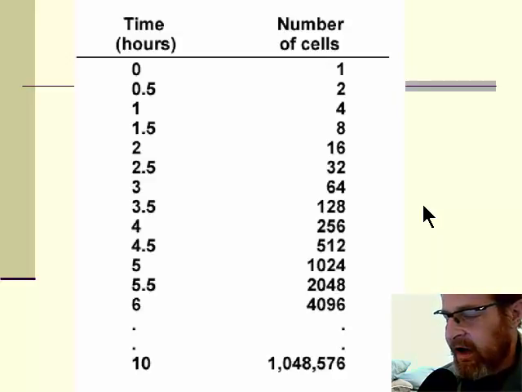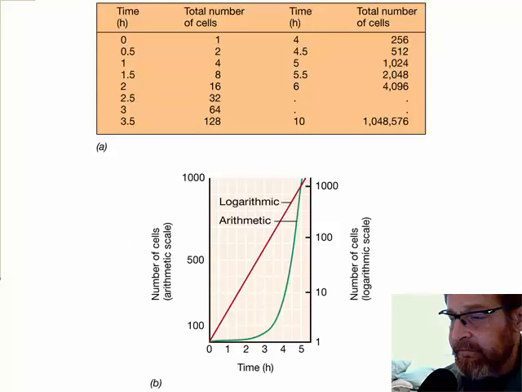But basically, in just 10 hours, in this example, you'll get over 1 million cells produced from just one single cell. Okay. And that's one of the great joys of working with microbiology, is you can get a lot of starting material very quickly with just a few hours of growth.